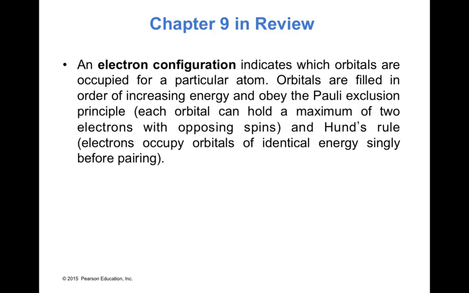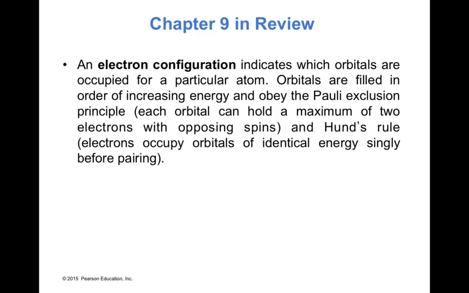An electron configuration indicates which orbitals are occupied for a particular atom. Orbitals are filled in order of increasing energy and obey the Pauli exclusion principle: each orbital can hold a maximum of 2 electrons with opposing spins. And Hund's rule: electrons occupy orbitals of identical energy singly before pairing.